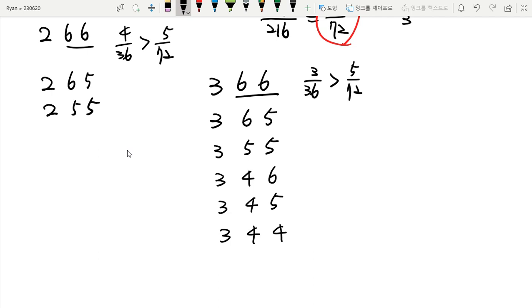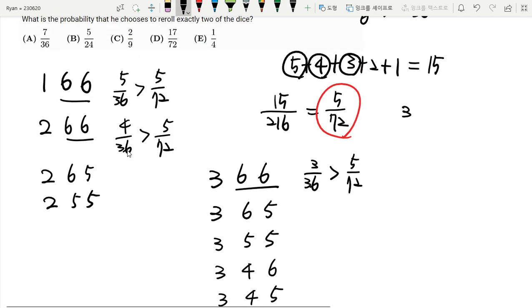So now we have all the cases, and then we need to think of the arrangements. If two numbers are the same out of 3, the number of arrangements is 3, because 3 factorial divided by 2 factorial is 3. This one too.